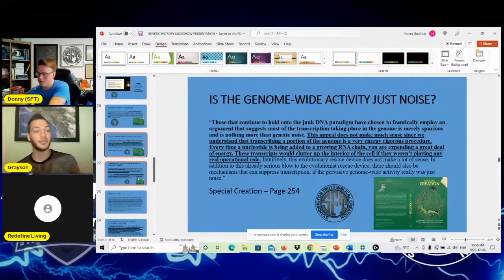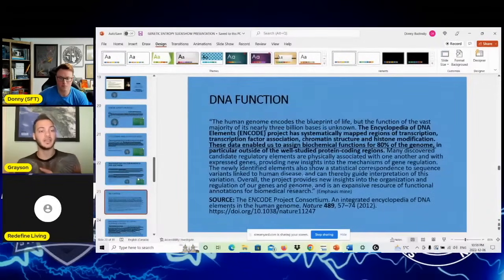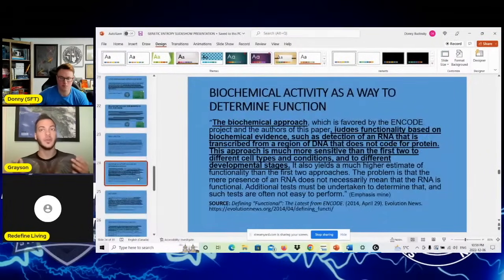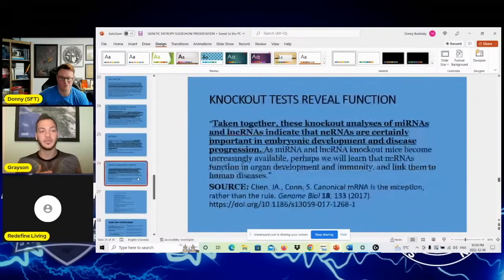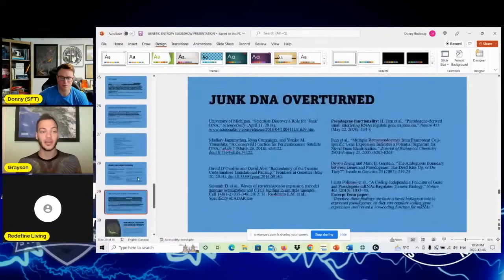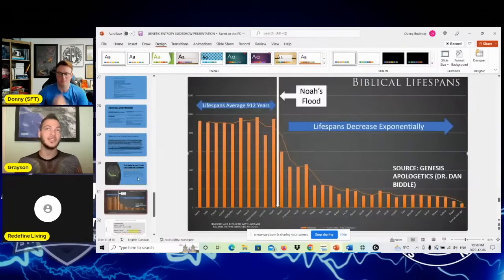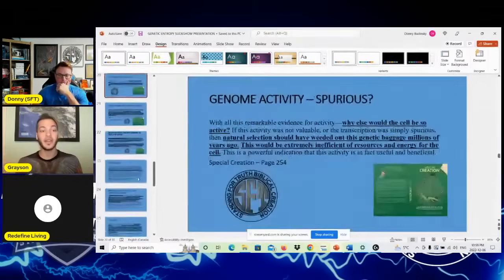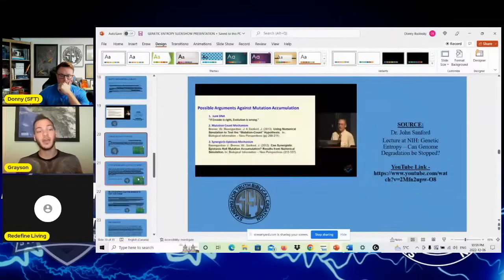And then Donny brought up this energy problem, saying that it takes so much energy to do all this transcription. I would like to point out that junk DNA is somewhat special to eukaryotic cells. We don't observe this much spurious transcription in prokaryotes. And what do eukaryotes have that prokaryotes do not? They have mitochondria.